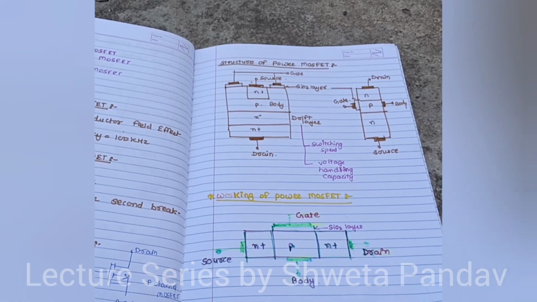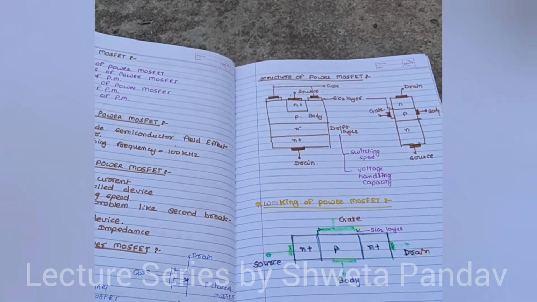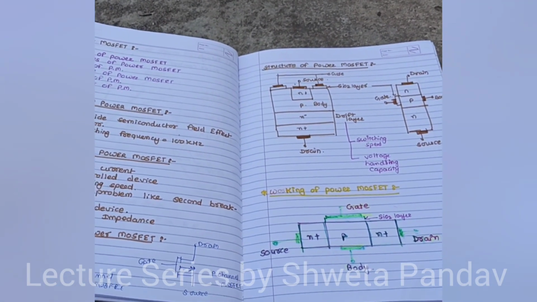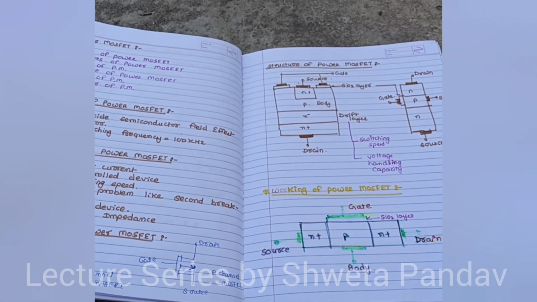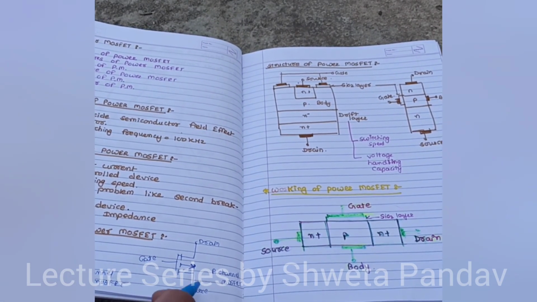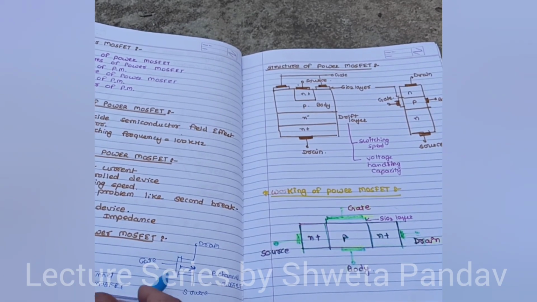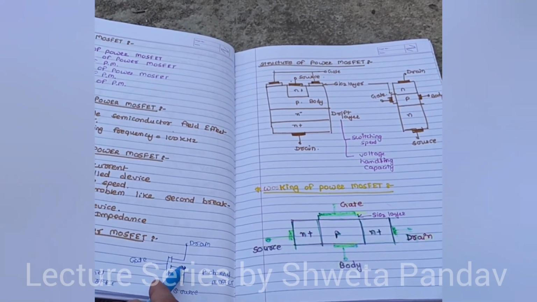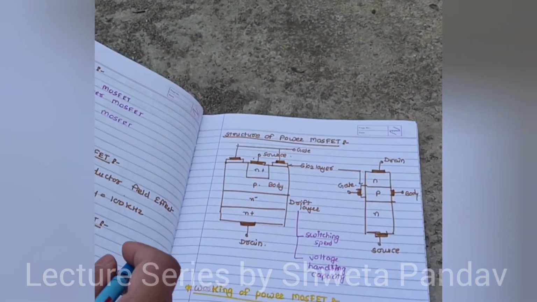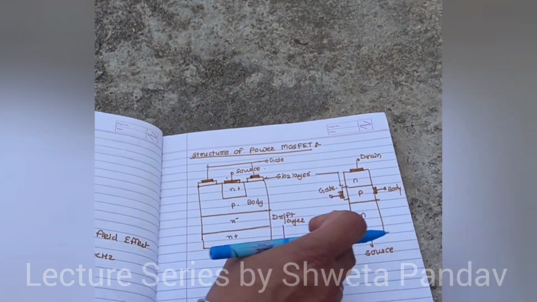So power MOSFET basically has two types, N channel and P channel. In N channel, the source terminal has an inward direction of arrow, and in P channel, the source terminal has an outward direction of arrow. Next point is structure of power MOSFET.